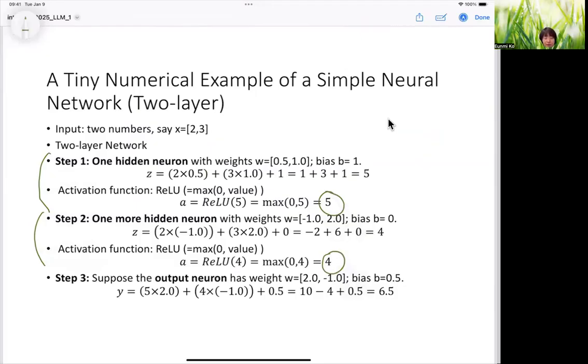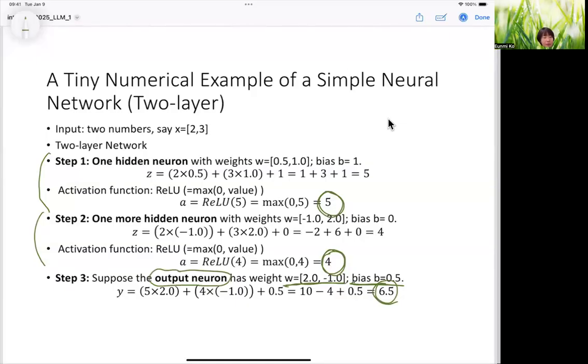Then using these two values from the hidden neurons, we will get one number out of the output neuron at the end. The output neuron now has two weights and one bias, so that we can apply this bias like an intercept. And we get 6.5 out of this two-layer simple neural network.